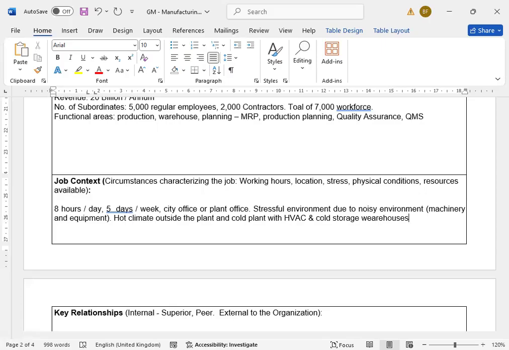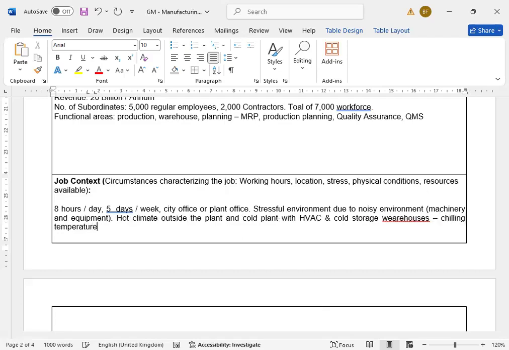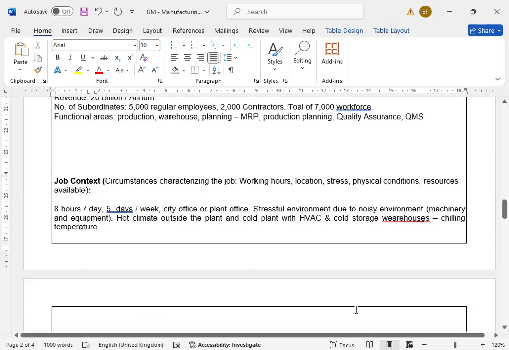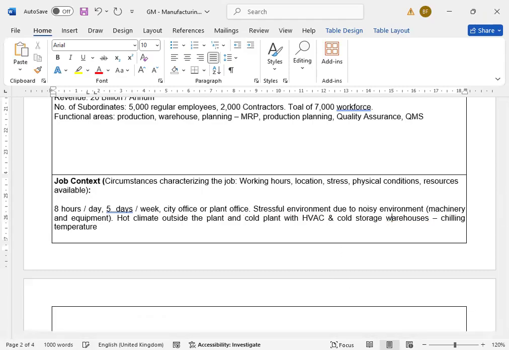It could be chilling temperature. What is chilling temperature? It's like positive 5 degrees Celsius or centigrade. Okay, 5 degrees.